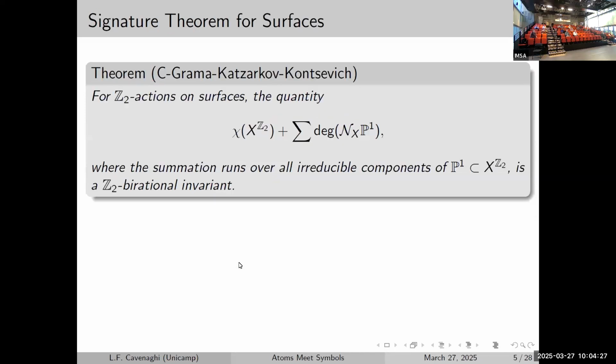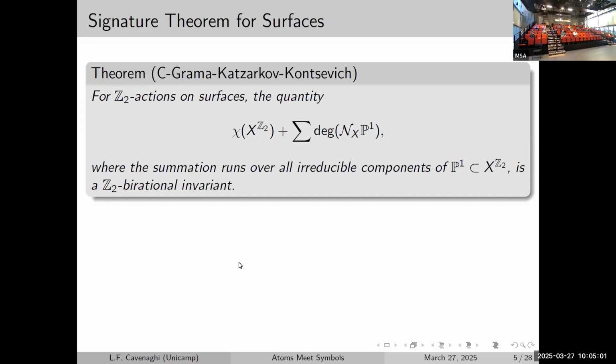All right, so let's warm up. We start with the statement. We're going to restrict here to the case of surfaces, so we have a surface, and we consider Z/2 actions. Then I claim that this Z-valued quantity is a Z/2 birational invariant, where remembering that X to the power Z/2 is the fixed locus, you compute its Euler characteristic, and then when you look at this fixed locus, you count all the possible P1s appearing there, rational curves.